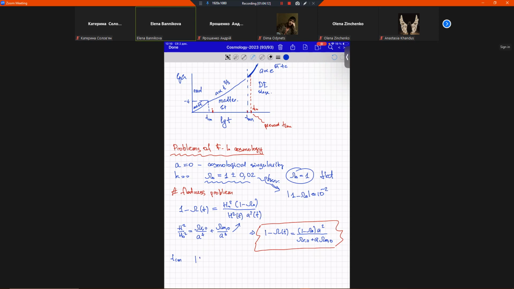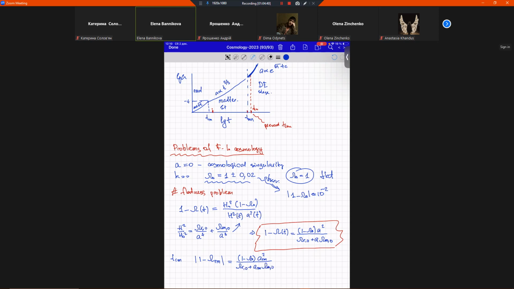If we look at 1 minus omega, and I put here index rm because we understand that the relative energy density changes with time, we will have 1 minus omega 0 times a_rm squared divided by (omega r0 plus a_rm omega m0).